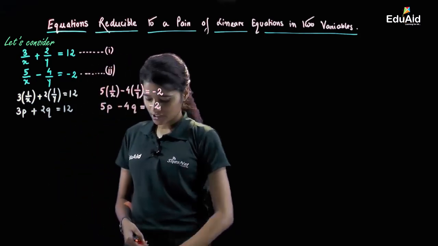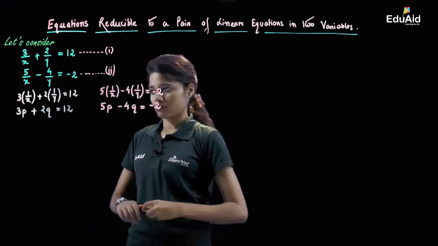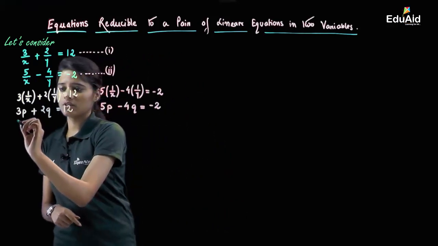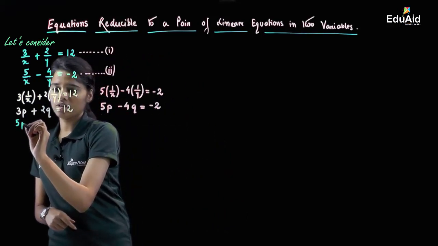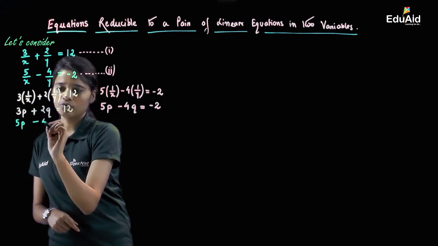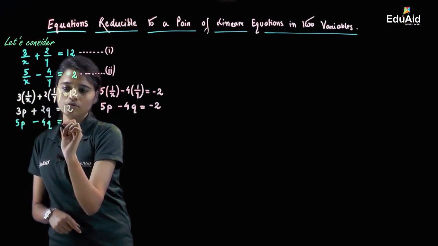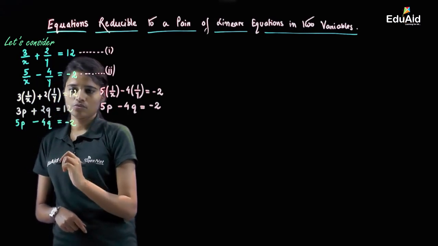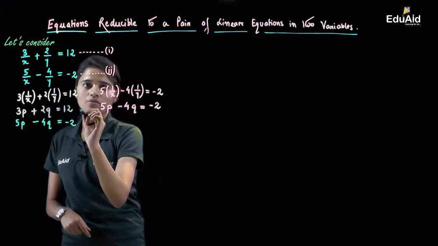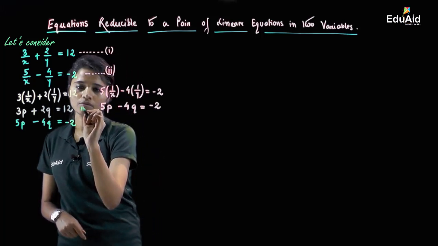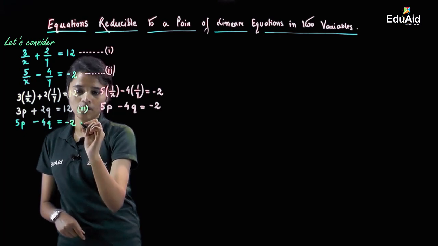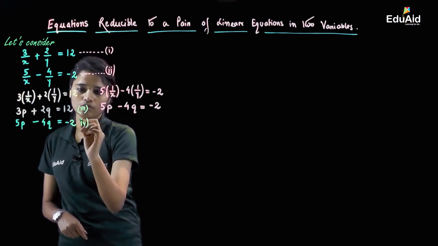So we'll be dealing with two equations now. One is 3p plus 2q equals 12 and the other is 5p minus 4q is equal to minus 2. Let me call this equation number 3 and this one number 4.